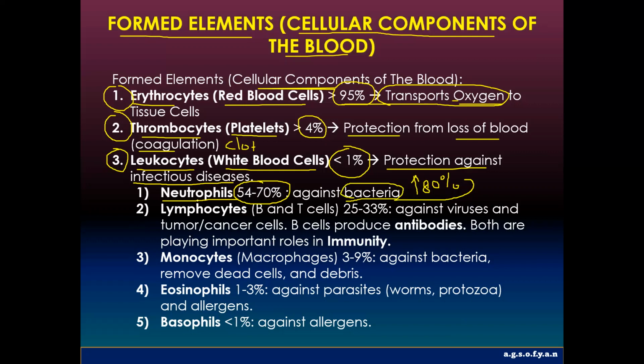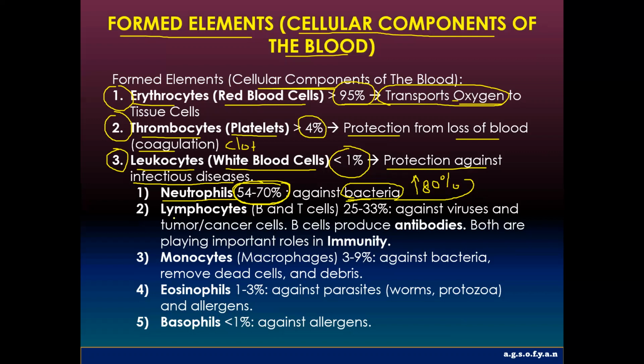Because neutrophils' main function is to fight against bacteria. If you see in the blood sample it is increased above the normal value, then it is an indication that the person has a bacterial infection. So it can be used to diagnose infection or disease.